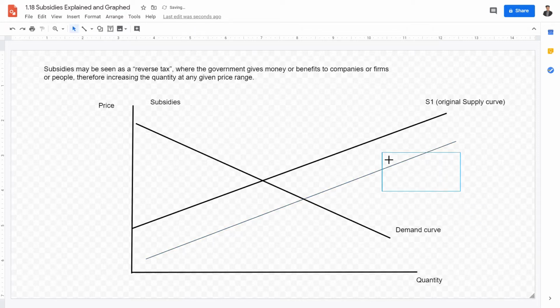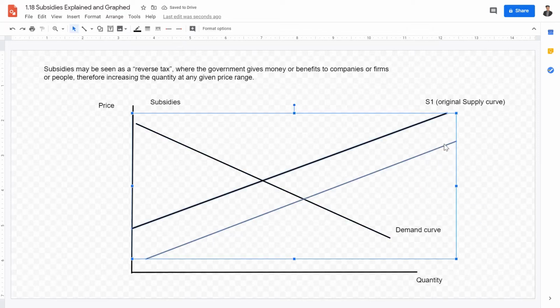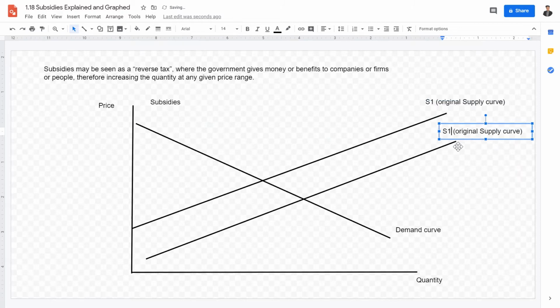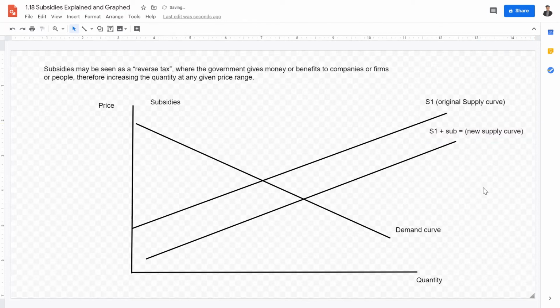So let's say this line right here is the supply after there is a subsidy. So S1 plus subsidy equals the new supply curve.